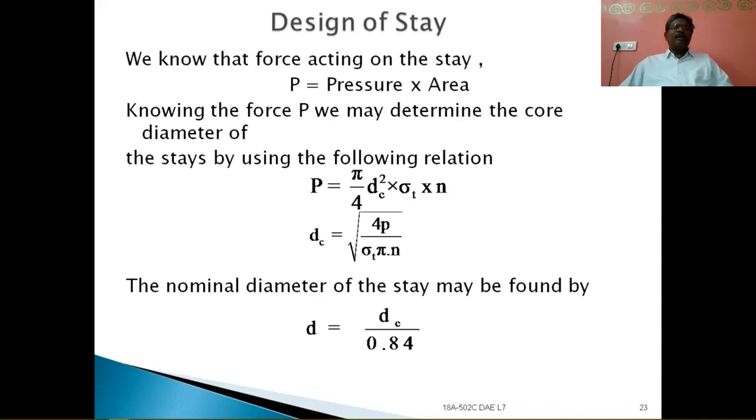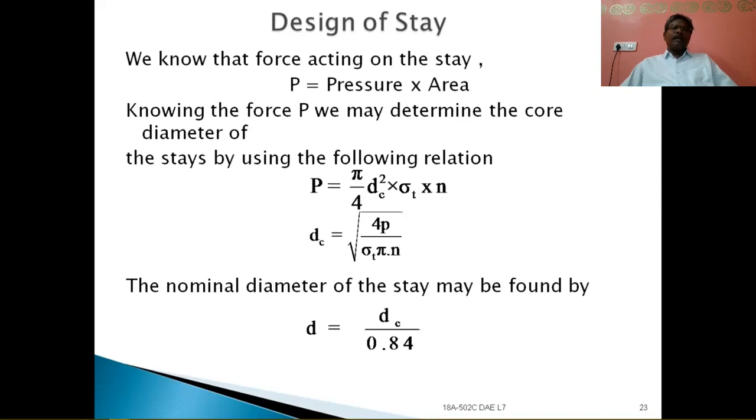So in this design, in case of boiler stay, we have discussed what is a boiler stay, what is the need of a boiler stay, and what are the types of boiler stay, like direct stays, gusset stays, and guided stays.